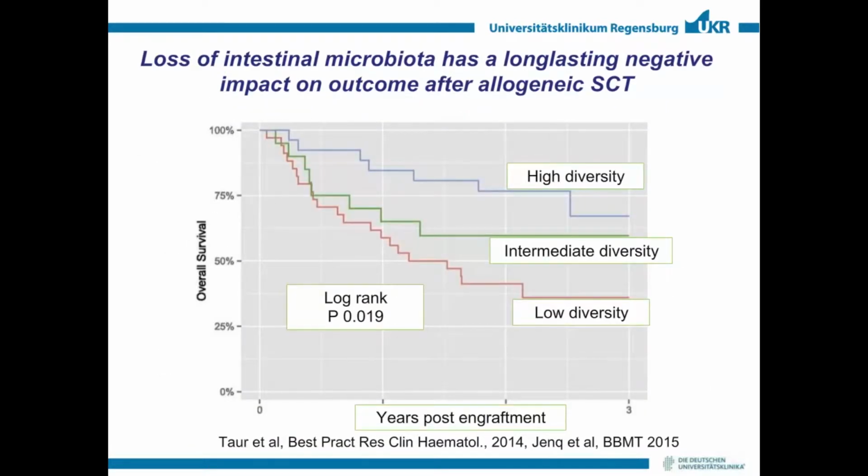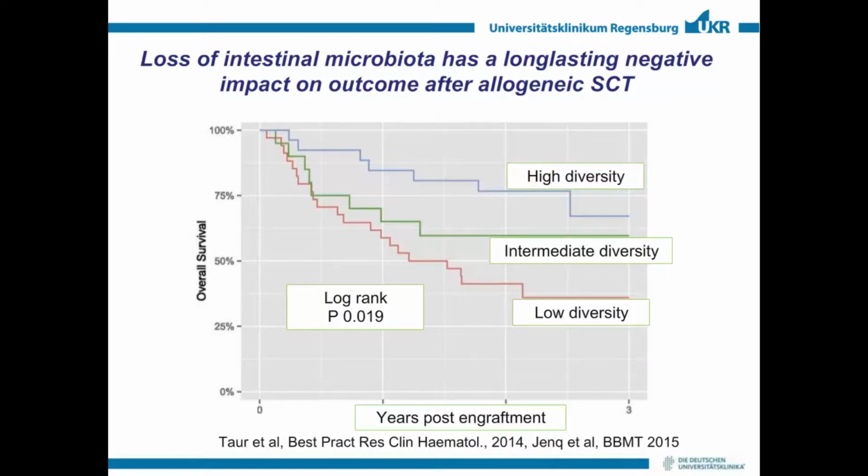Now, these changes have prognostic significance. Here, the New York group divided the patients according to the diversity indices found in the microbiota samples 15 days after transplantation. You have a group with high diversity, which means they have a lot of commensals, and a group with low diversity, which means there are few genera left, and commensals are mainly gone.